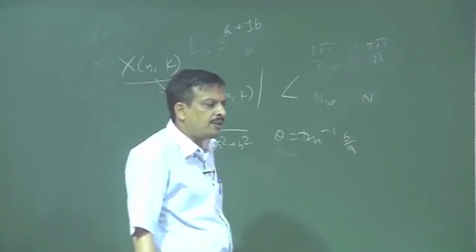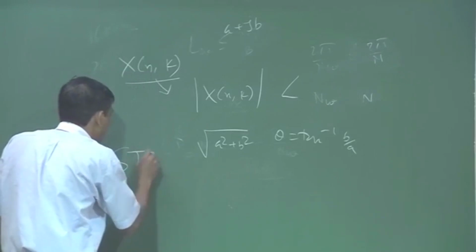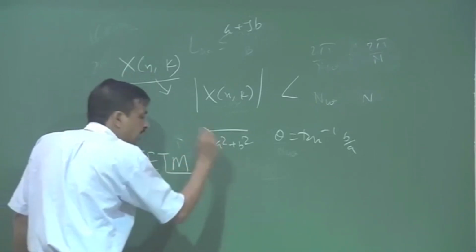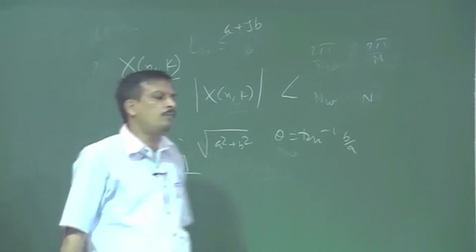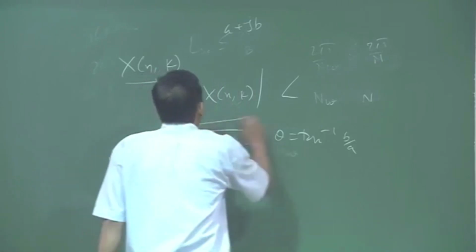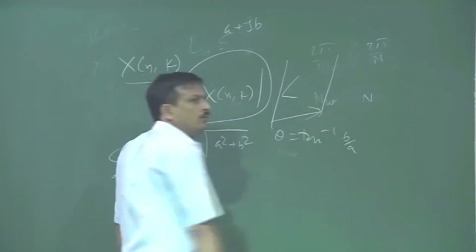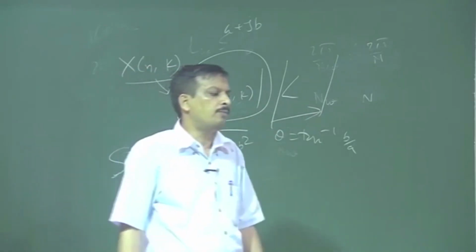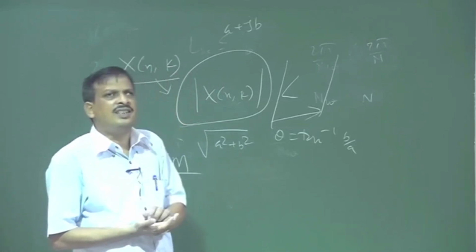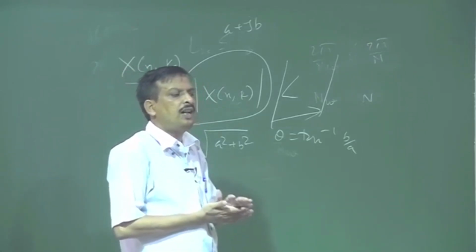Okay. So, STFTM, short term Fourier transform magnitude. Only the magnitude part we will take, we discard the phase part, we do not use the phase part, and in many cases it is used for time scale modification and speech enhancement.